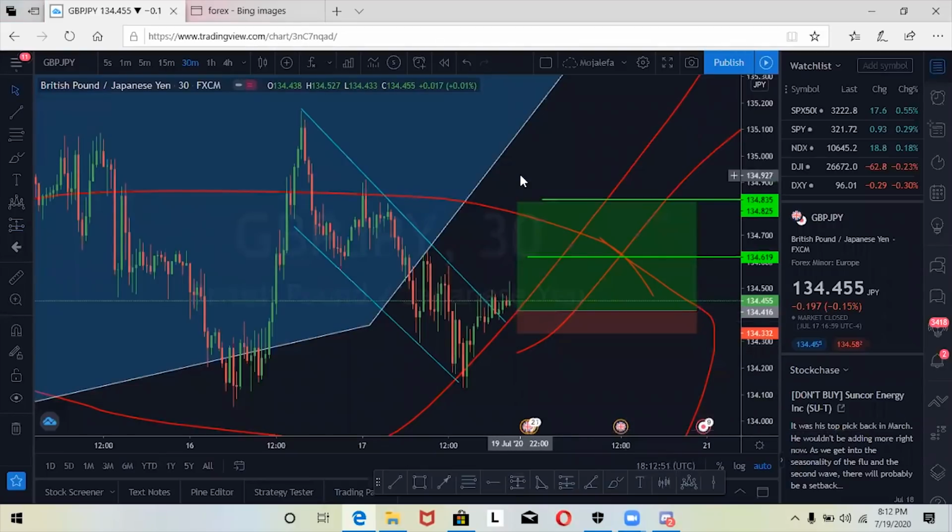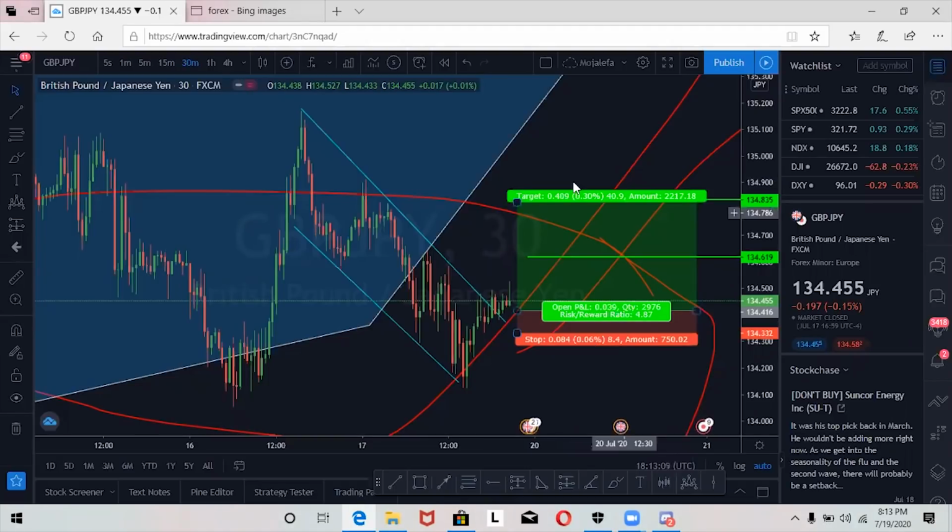So such questions, right? First of all, my overall risk appetite is gonna be calculated by TradeView for me, whereby you can see here, I'll be risking 0.06%. My take profit is gonna be on 0.30%.